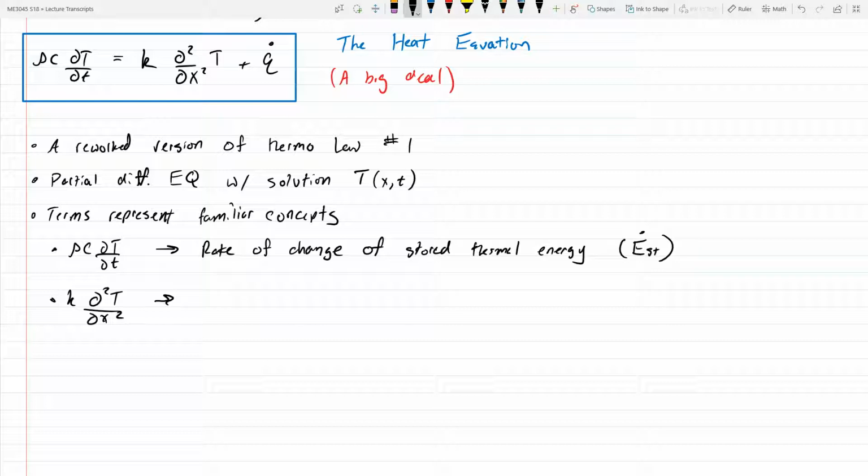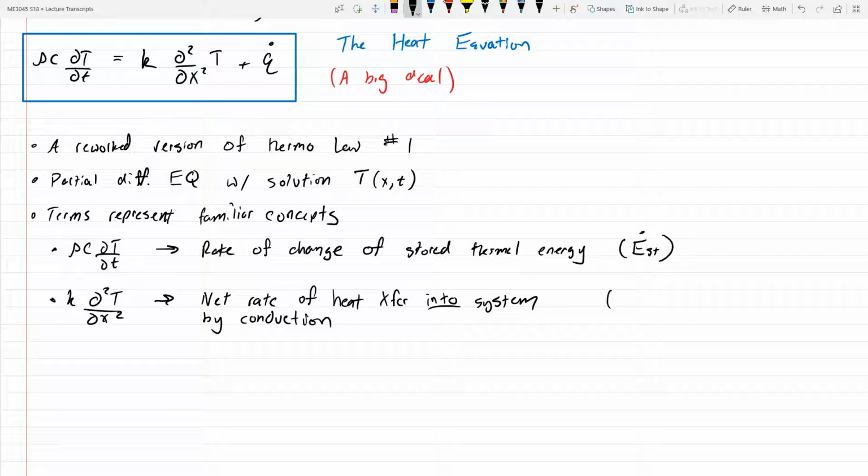So this is heat transfer into the system by conduction. And so in our original heat balance, this is essentially the E dot in minus the E dot out. It's all wrapped up into that term.